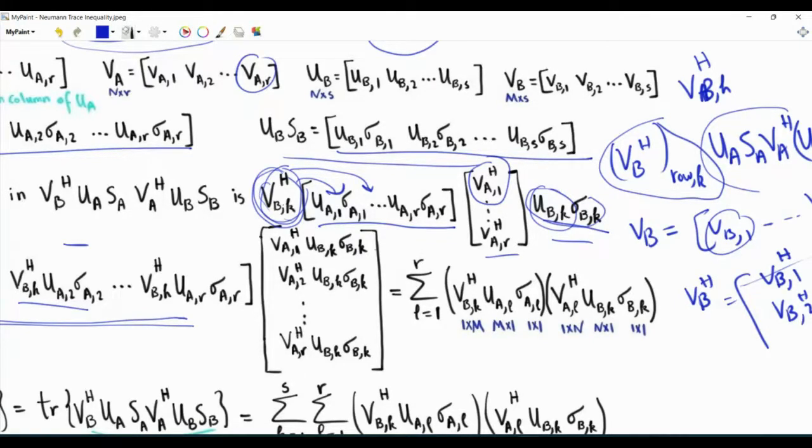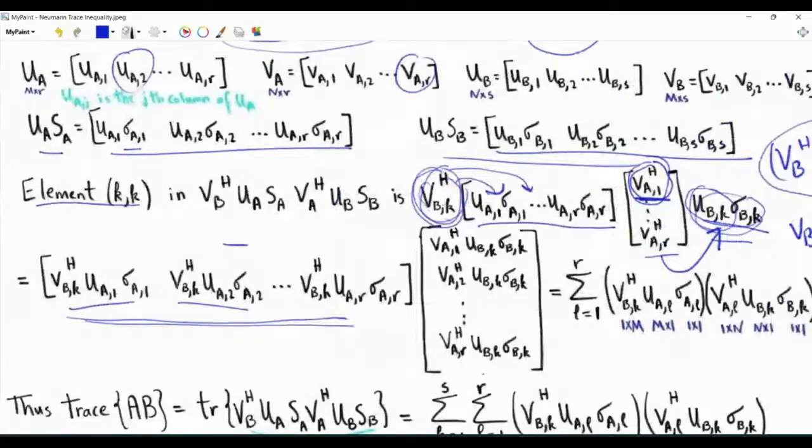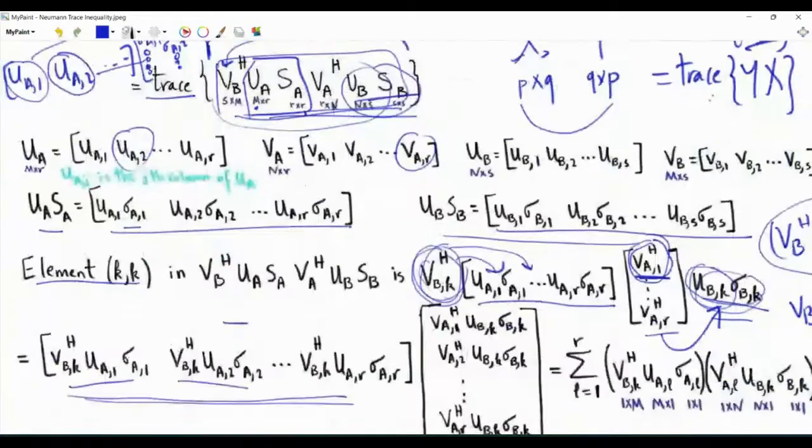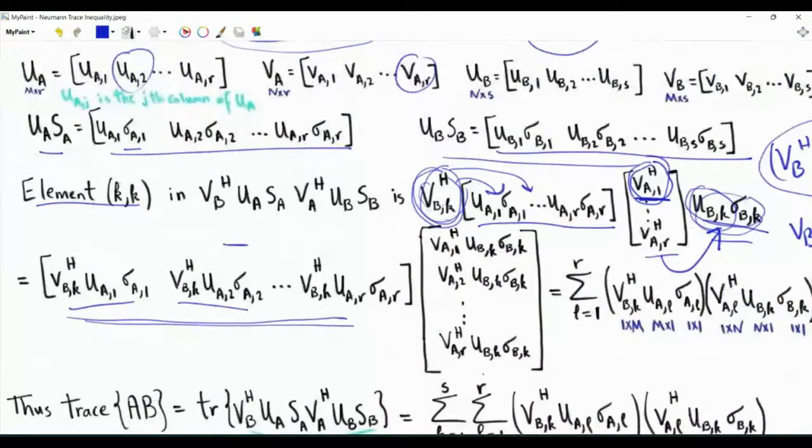So the result of this matrix-vector product will be a column vector. Its first element is the first row in the matrix times this column vector. The second element is the second row multiplied by this column vector, and so on. So now we were able to take element KK in this S by S matrix, and express it as a row vector times a column vector.